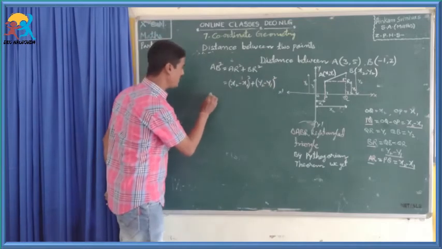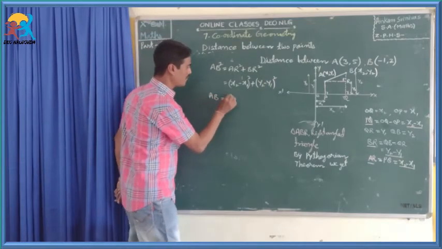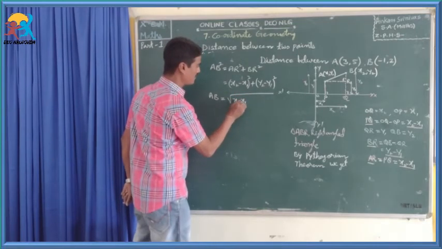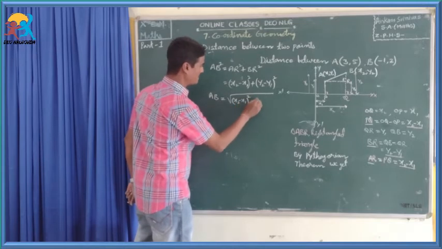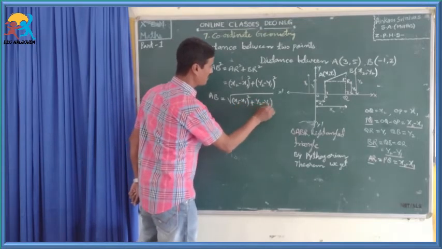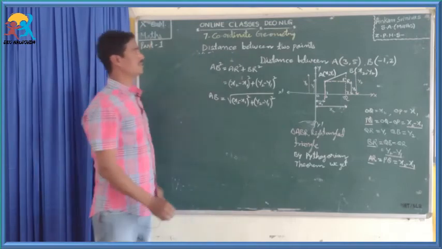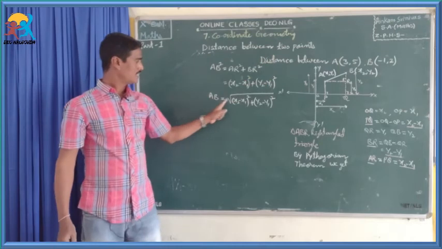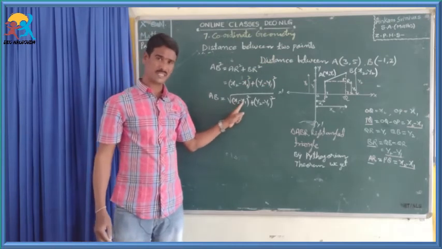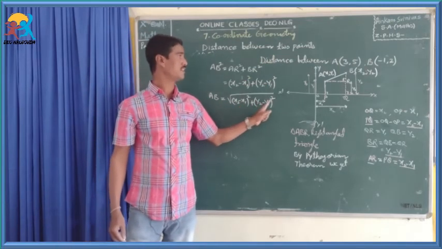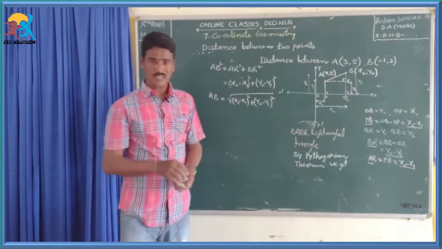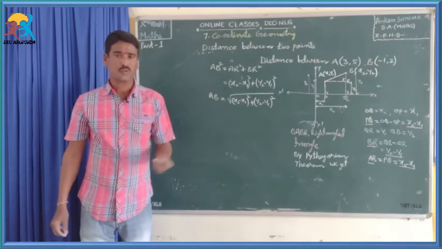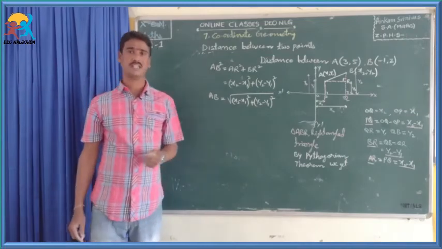Now AB equal to square root of x2 minus x1 whole square plus y2 minus y1 whole square. So the formula to find the distance between any 2 points in the Cartesian plane is square root of x2 minus x1 whole square plus y2 minus y1 whole square.